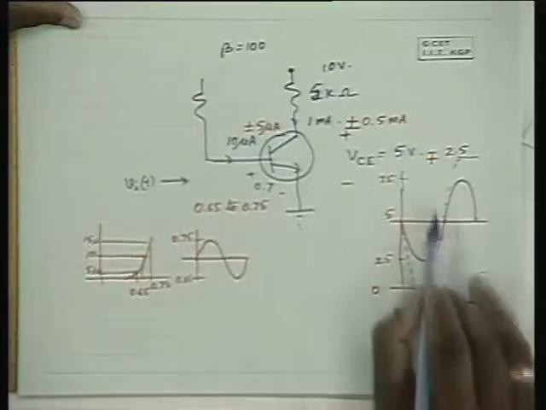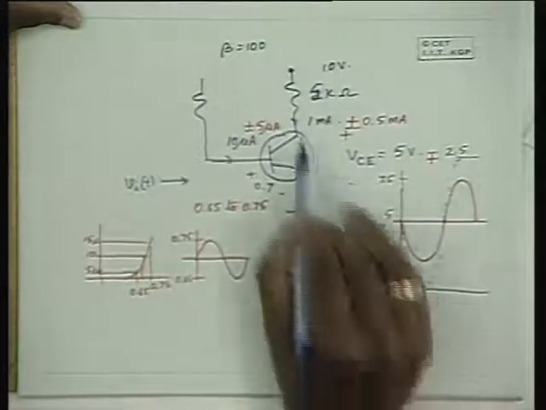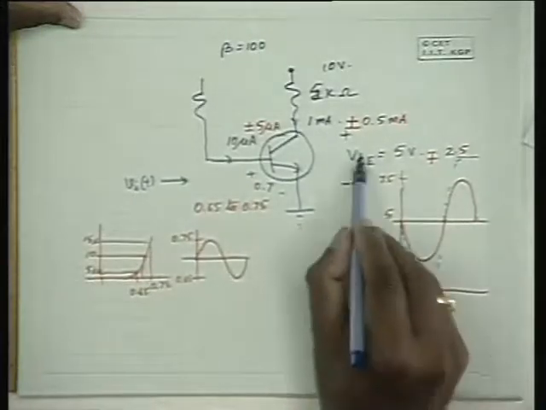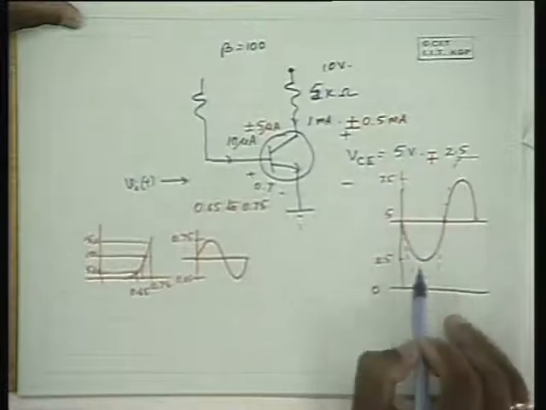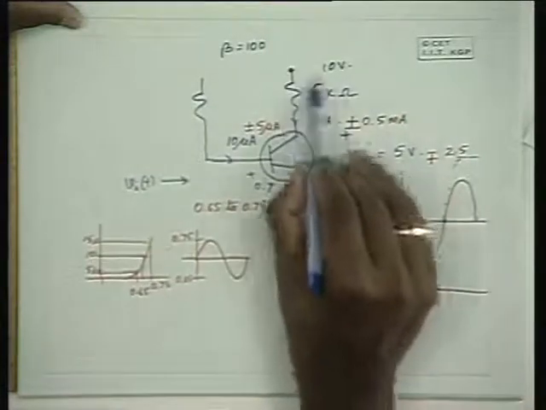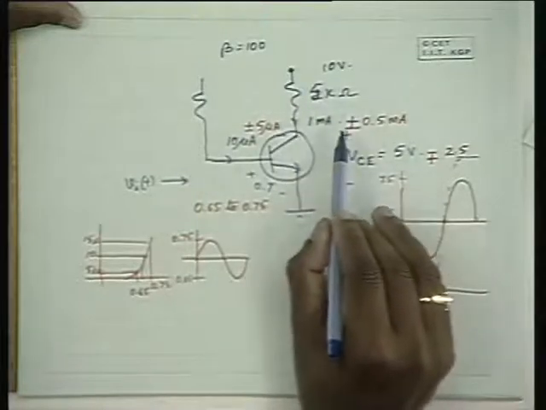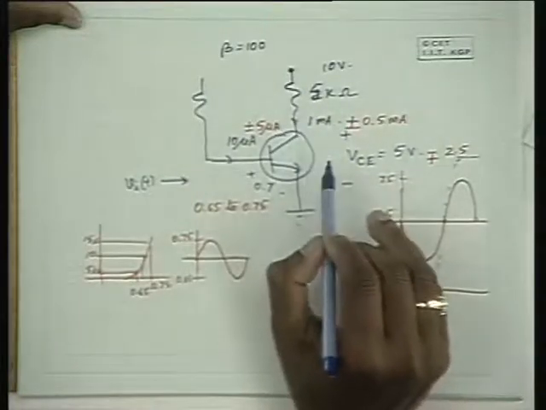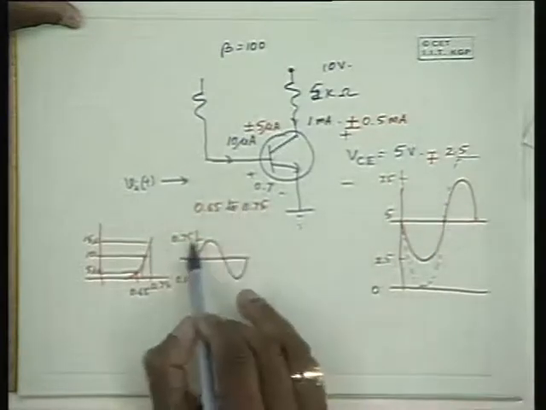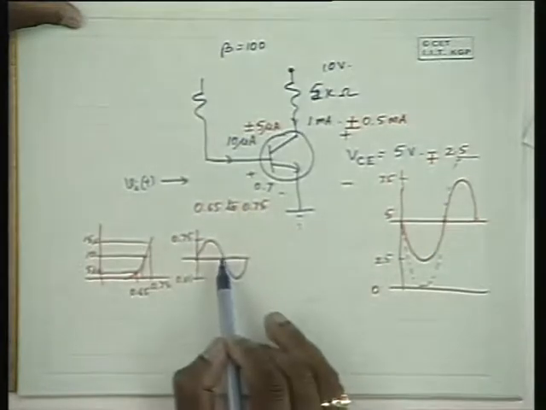Hence the output voltage swing is fixed on the lower side by the biased VCE, and on the upper side by the voltage drop across RC under biasing conditions on the output side. And similarly on the input side also they are limited.